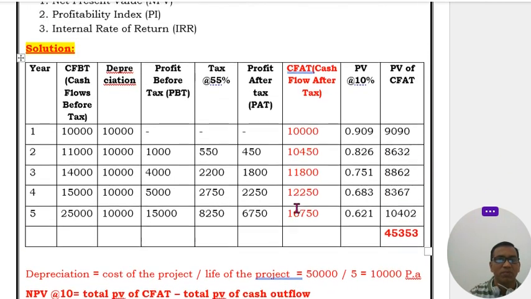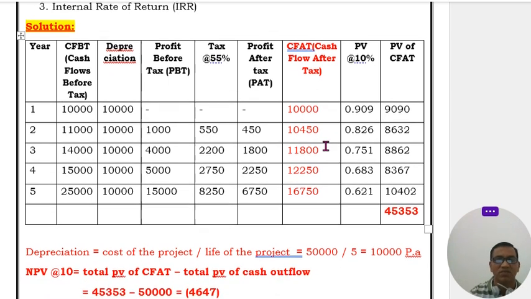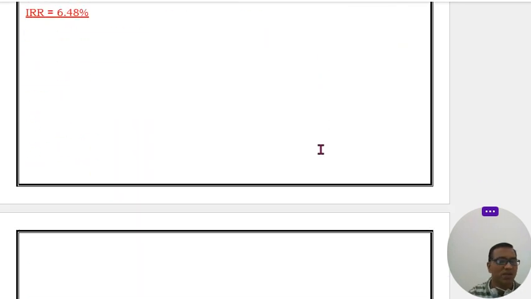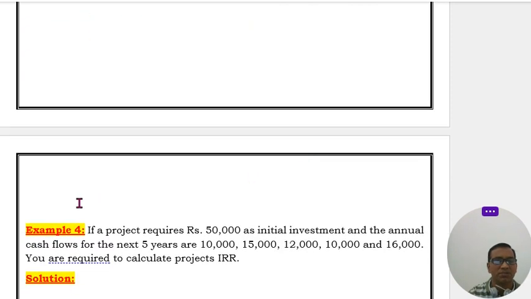So CFBT given, minus depreciation, minus tax, and plus depreciation back will give you CFAT. That is how you get CFAT values and apply the formula. This is the IRR calculation along with NPV.